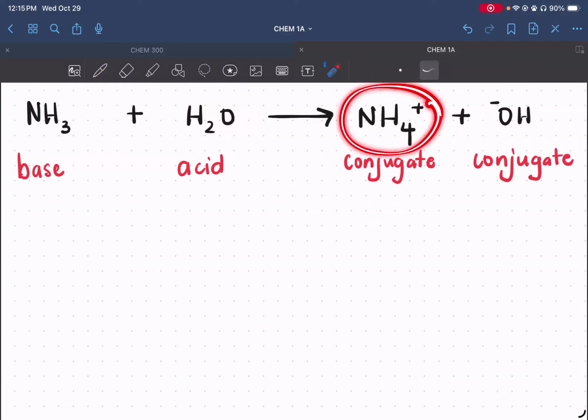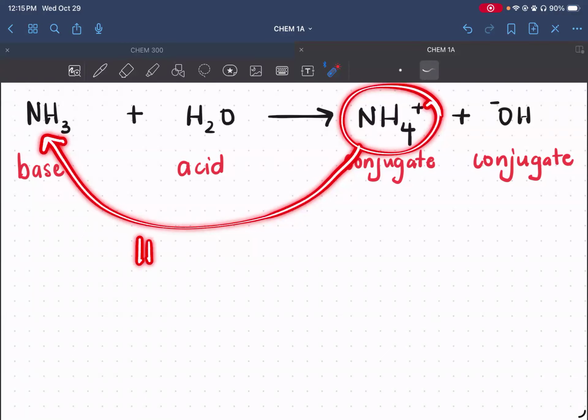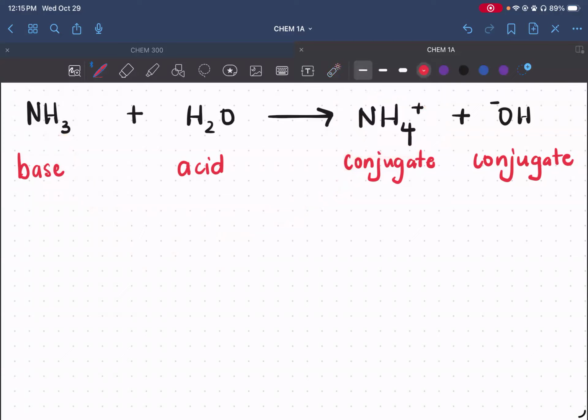NH4 plus ends up as NH3. This is a case where we've donated or produced a hydrogen. On the product side, we have a conjugate acid, and immediately we know the OH is a conjugate base.